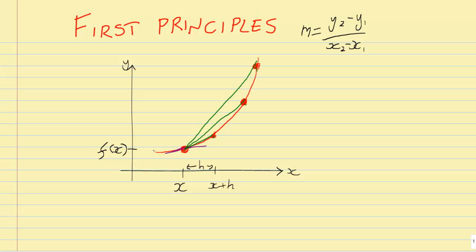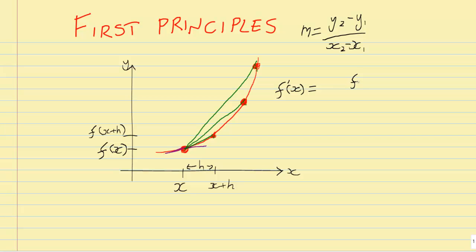So if our 2 points here are x and f of x, and this point here is x plus h, then that means that this point here must be f of x plus h. So that's going to give us the gradient of the straight line connecting these 2 points. So let's work that out over here. Let's write down what this would be. We're going to call this not f of x, but f dash x. That's the derivative. And that's going to equal y2 minus y1.